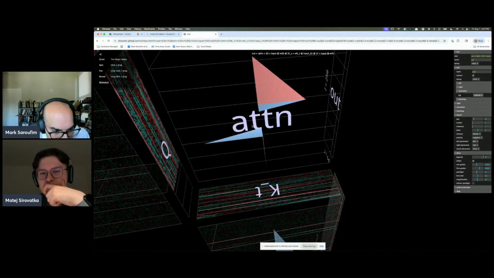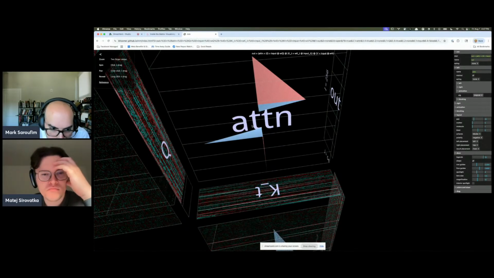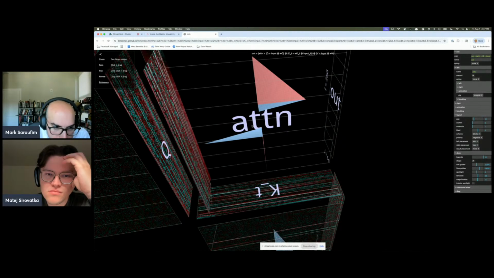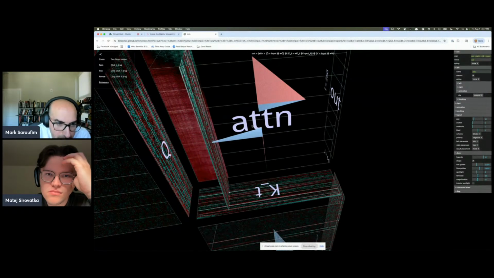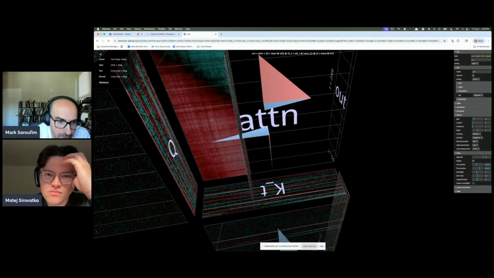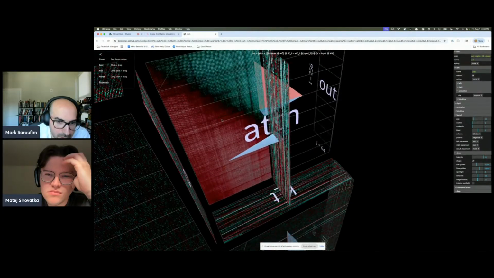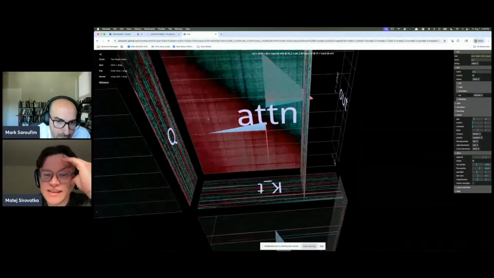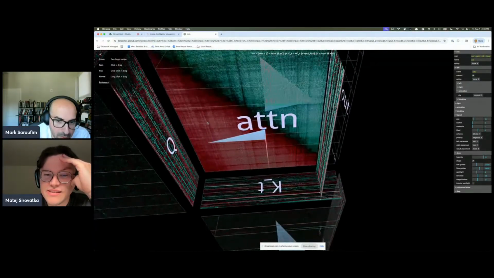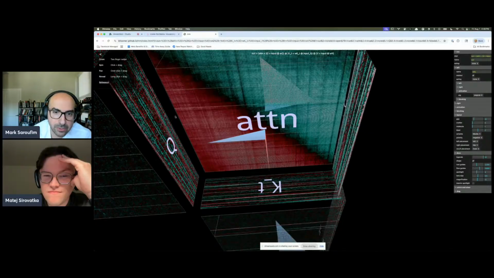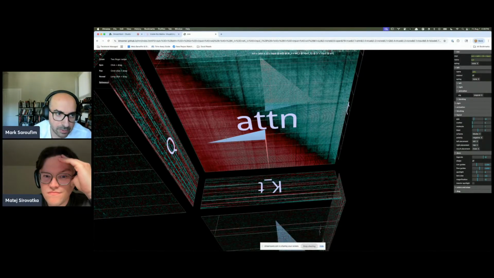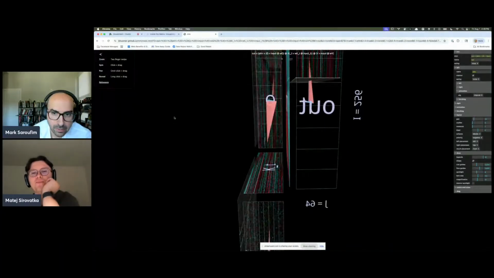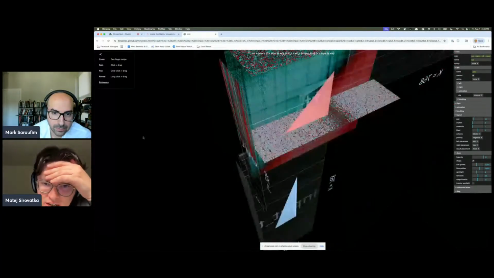The values all look the same. Does this help us build intuition? Yes, here it starts changing. It goes from mostly reds to mostly greens, basically.